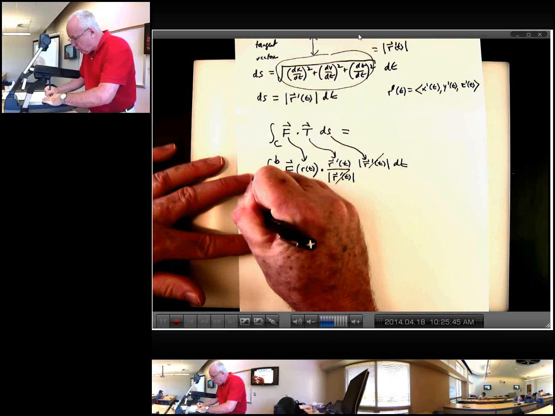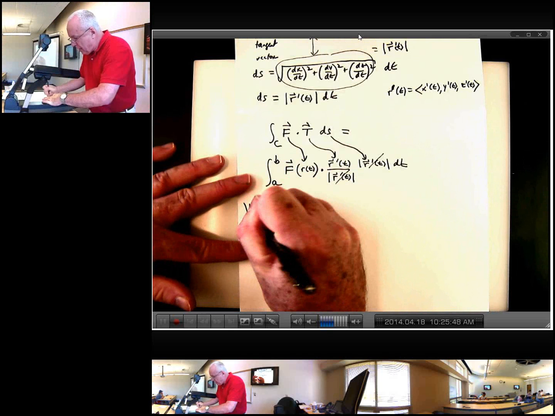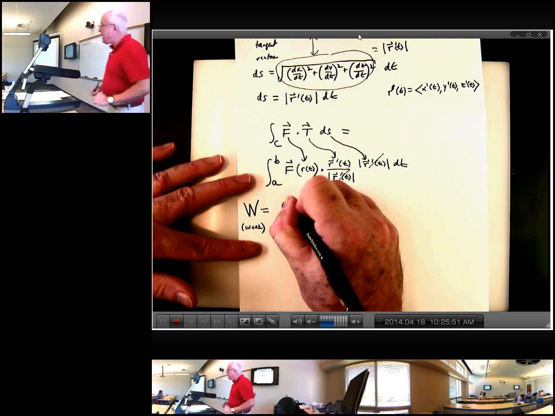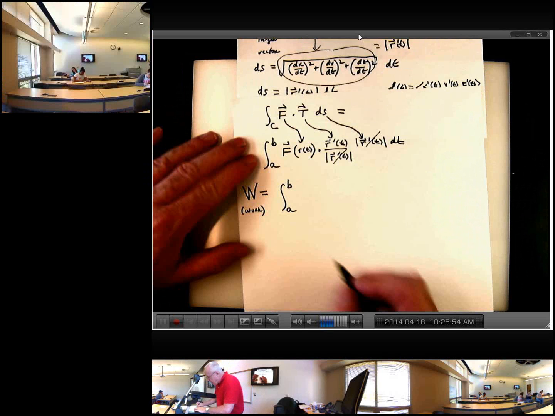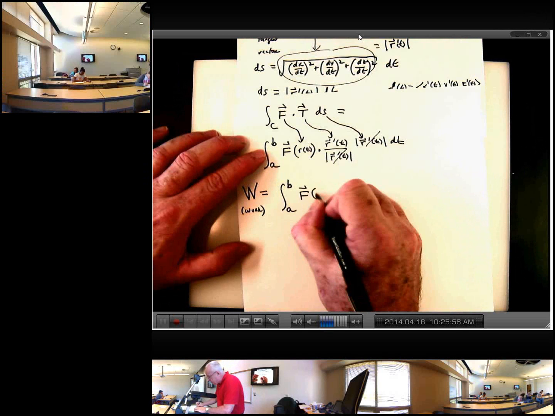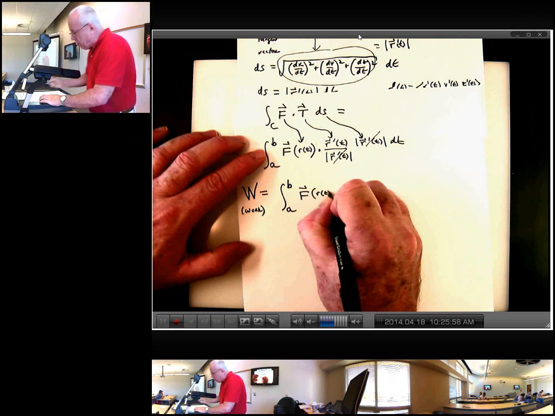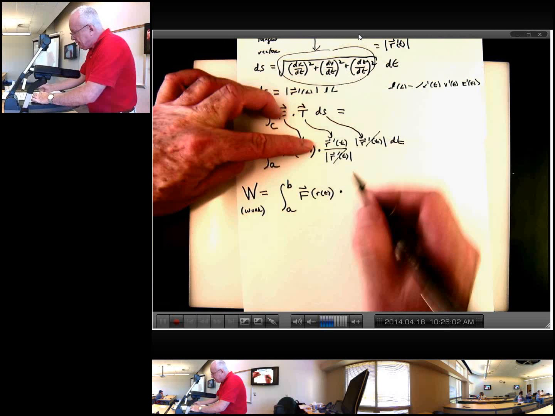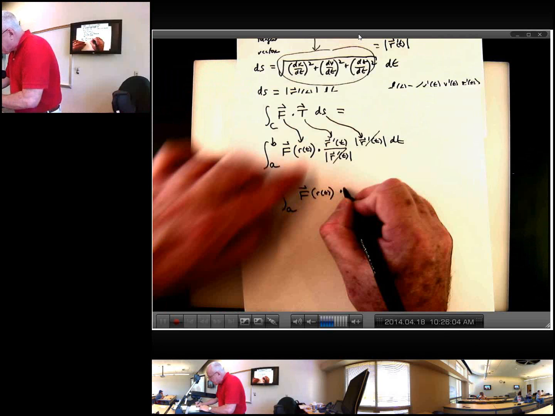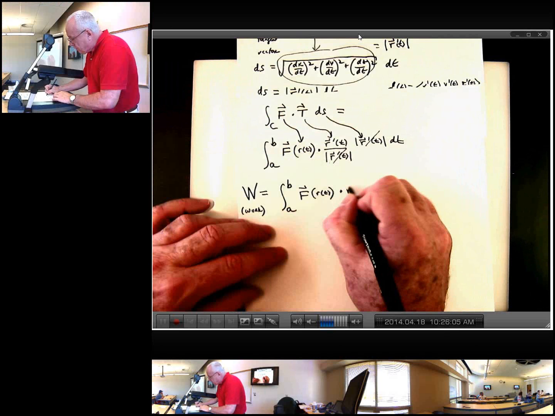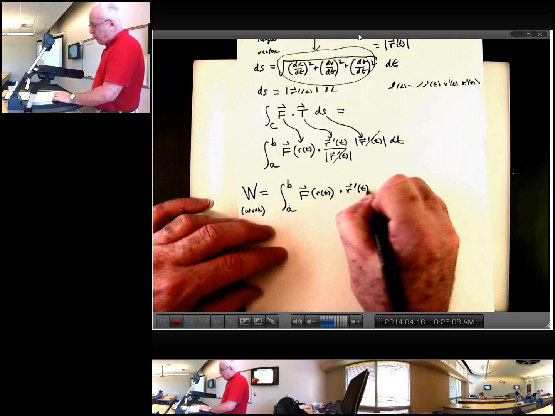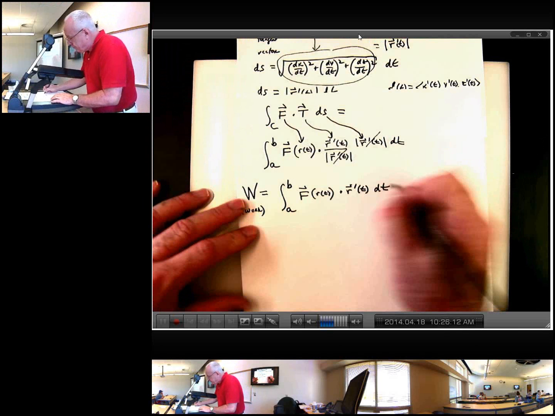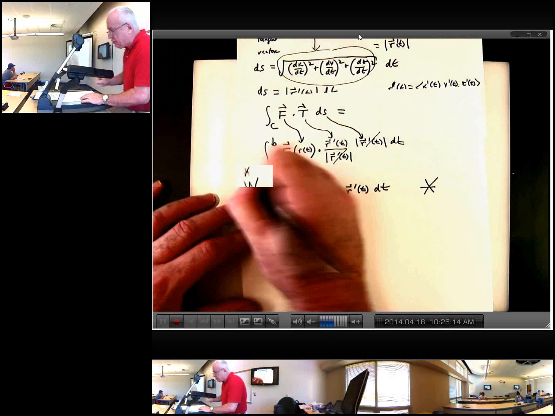W, or work, is equal to the integral from a to b of our force parameterized, so I'm putting in the r of t there, dot, these things canceled out, but it's dotted with the derivative of my curve, r prime of t, dt. So let me put asterisks there.